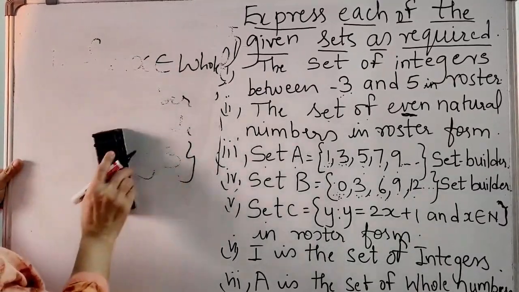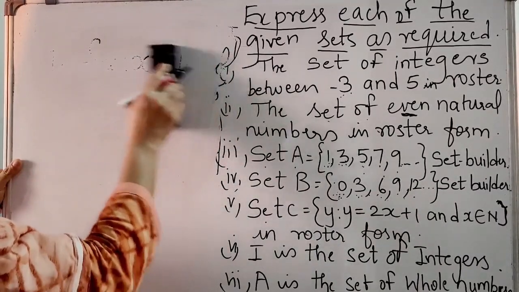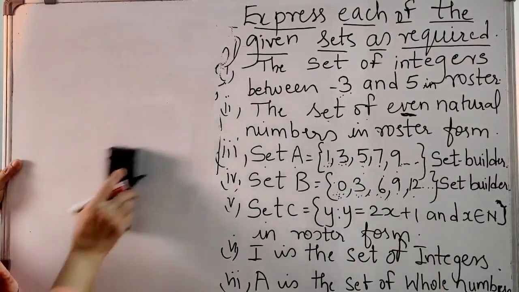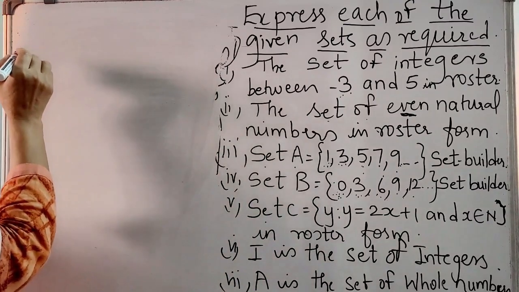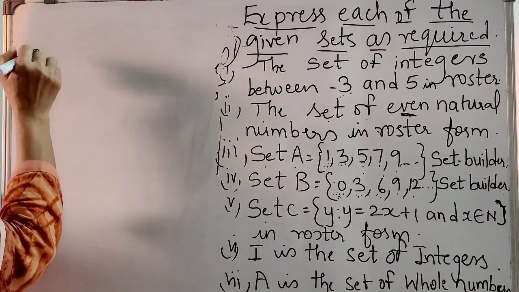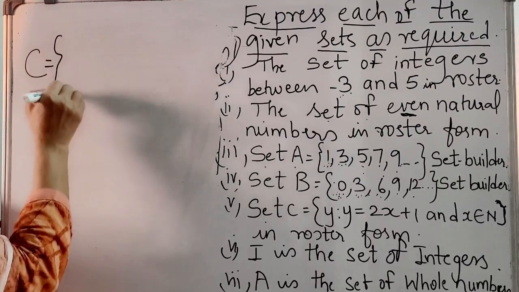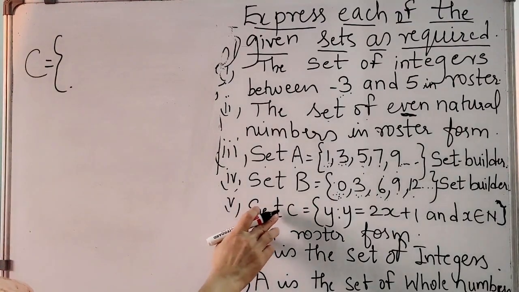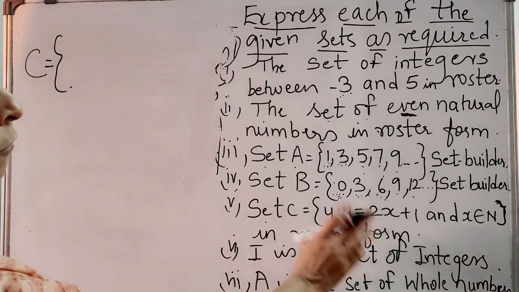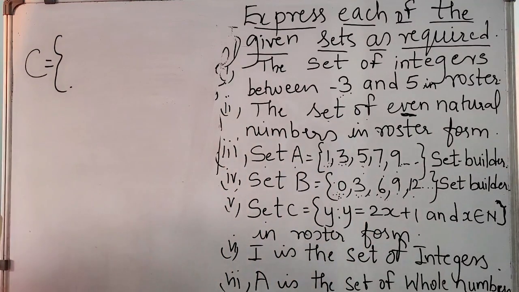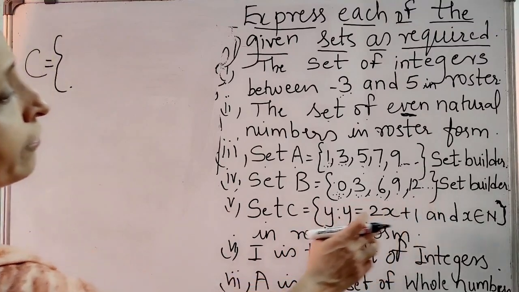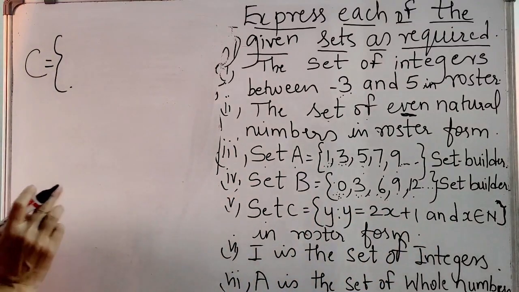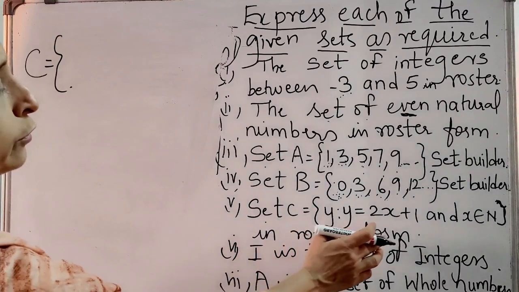Set C. Look at it carefully. You have to do some calculation here. Set C is given in the set builder form and you have to convert it into roster form, again put in curly brackets.